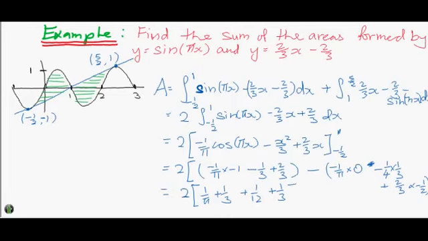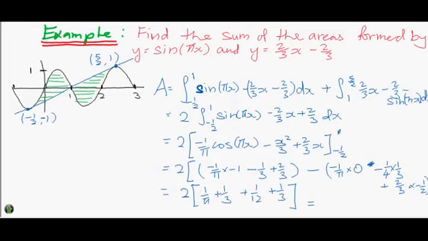And if you simplify all that together, 1/3 plus 1/3 gives you 2/3. 2/3 is how many twelfths? 8/12. Plus 1/12 gives you 9/12, so that's 3/4.